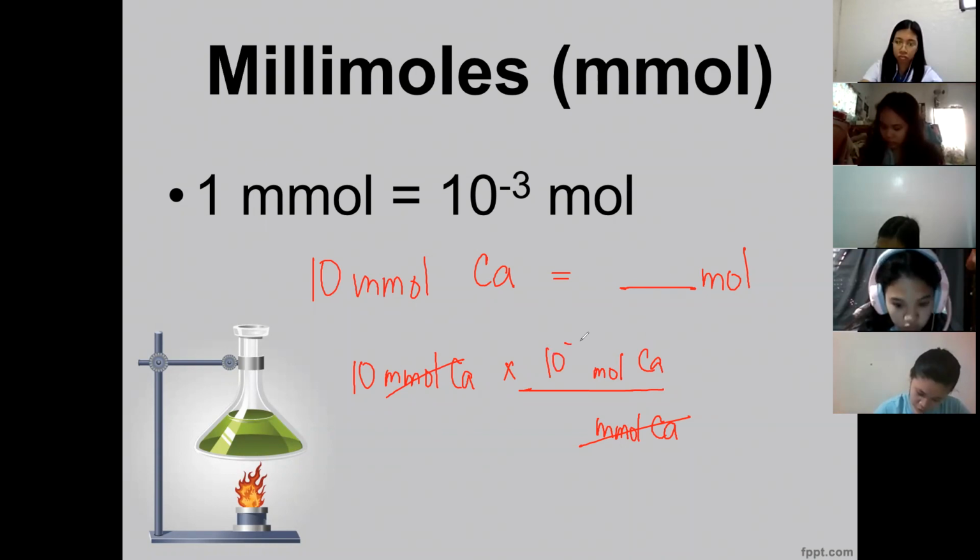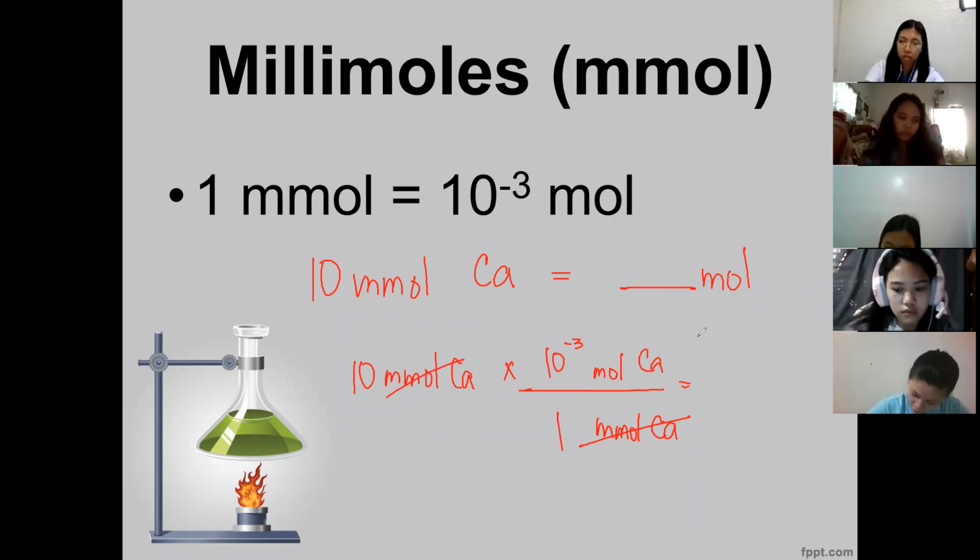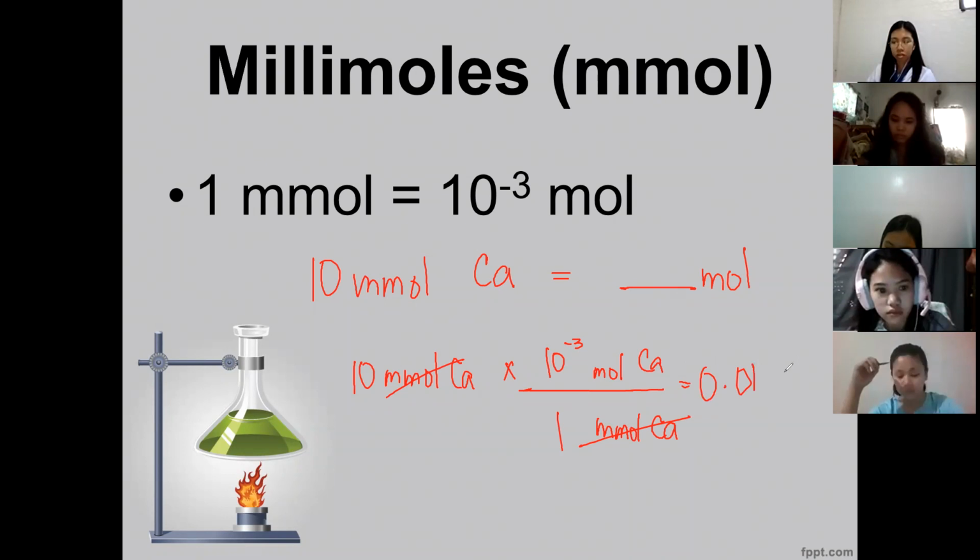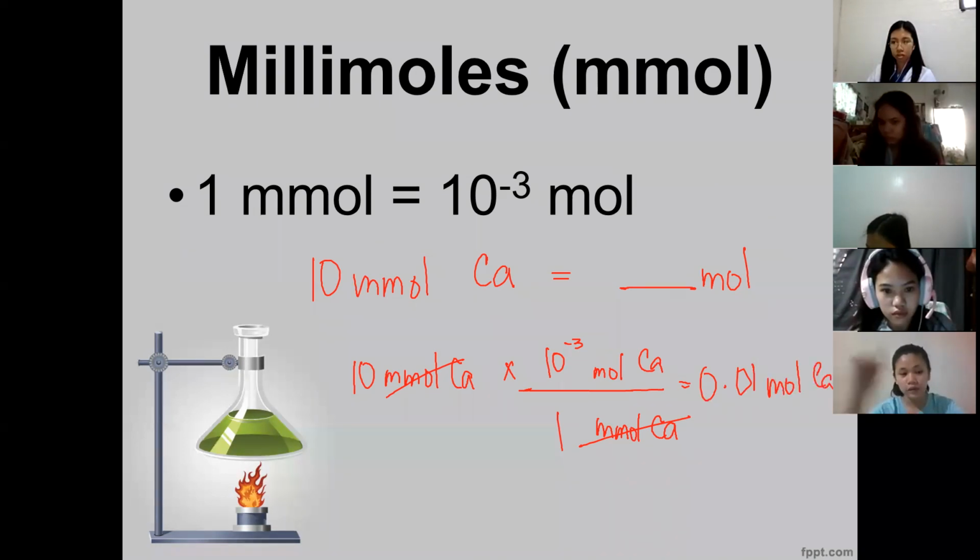So what is again our conversion factor? 10 raised to the power of -3, and then sa baba is 1 millimole. So pag i-multiply natin siya, 10 times 10 raised to the power of -3 is, what's your answer? Okay, 0.01, and then again, our unit now is mole of calcium.